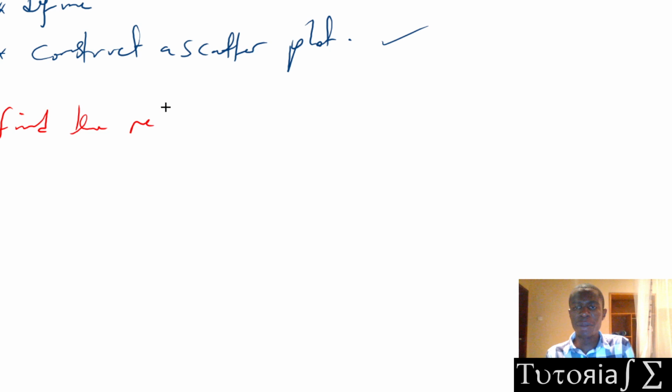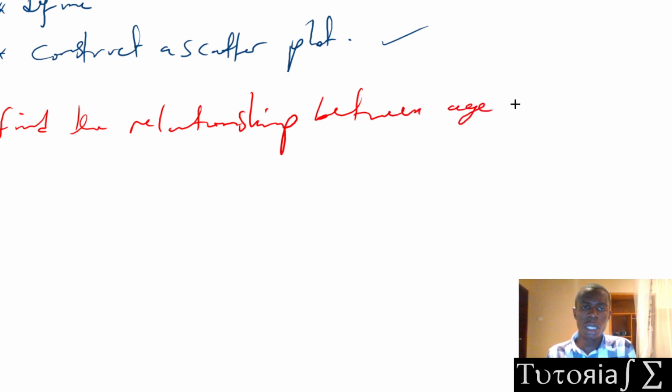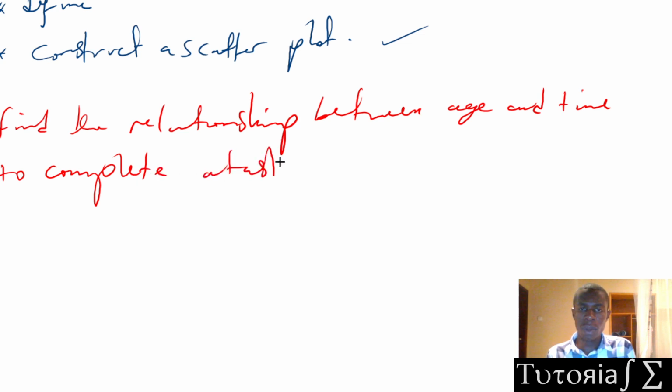For instance, we can try to find the relationship between age and time to complete a task. Okay, so we may want to find the relationship between age and the time it takes to complete a task.